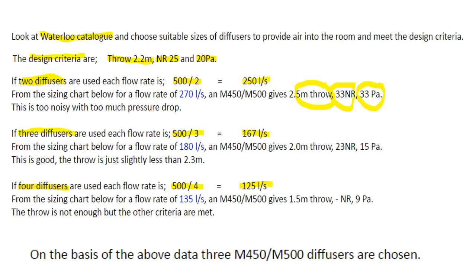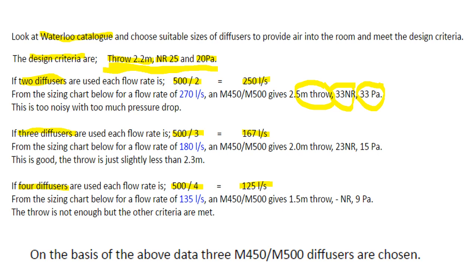Whatever you choose, you have to abide by the requirement that is already given. The design criteria should have a throw of about 2.2 meters. Noise control level should not exceed 25 decibels. And the pressure drop should not exceed 20 Pascal.